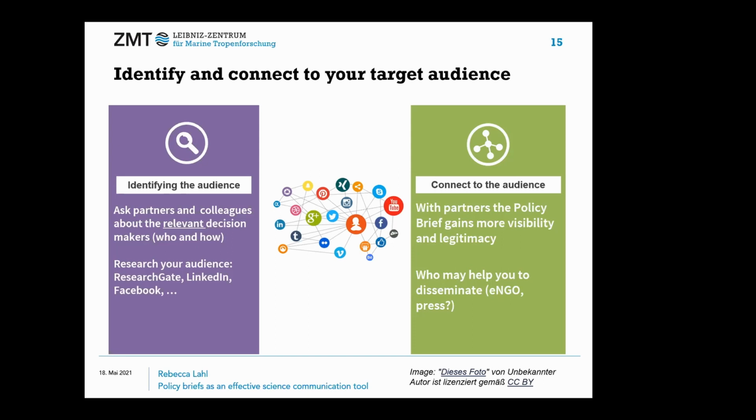Also, it can be helpful to ask who else can help you to reach the audience. Boundary organizations such as environmental NGOs are really good knowledge brokers. Sometimes people from the press or online bloggers can also be helpful in dissemination.